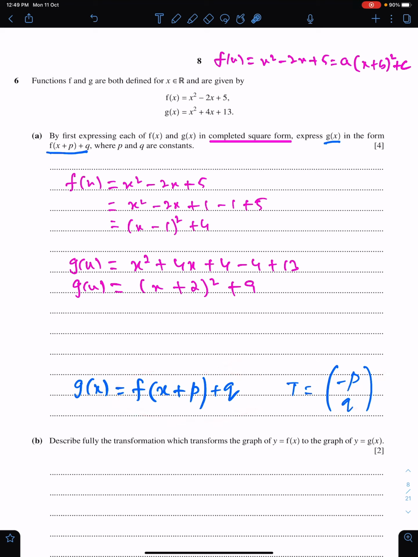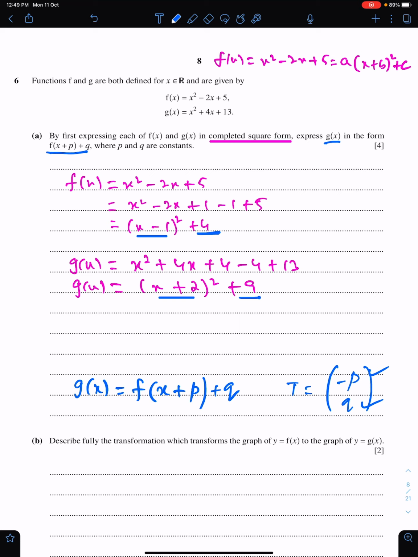Now, to express g in this form, we have to compare these two equations. We have to compare the x component of f with the x component of g to get the value of p. And then we have to compare the y coordinate of f with the y coordinate of g to get the value of q.